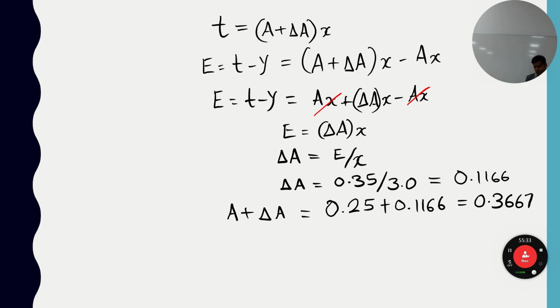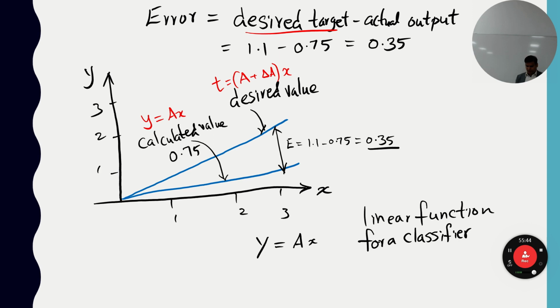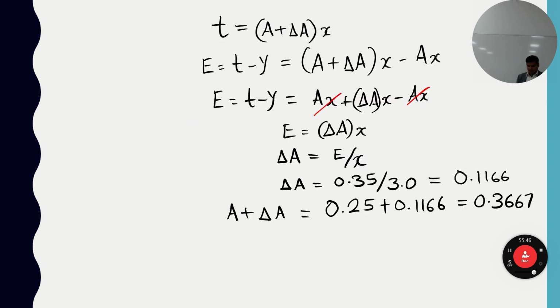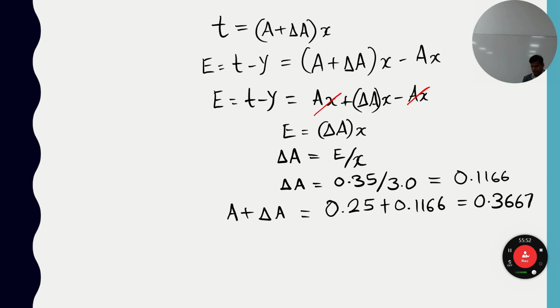Now then calculate the value for Y with the new value of A. So the new value of A is 0.3667, right? We wanted to get the new value of A. Let's see and try to calculate things with it and see how everything works out. We also have to make sure that with this training example, we are going to learn one by one how the actual true values really matter to us.